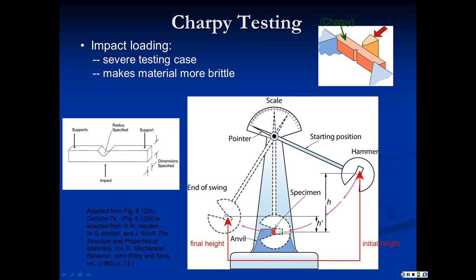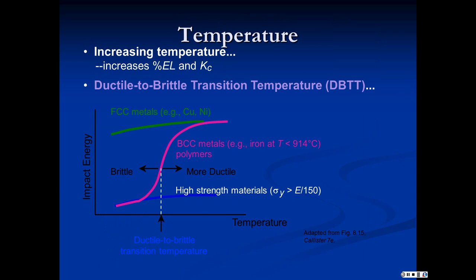It breaks the specimen, absorbs a lot of that energy, and so on the upswing it doesn't swing as high. This is the final height, and so this is the energy that's left in the pendulum, mgh on this side. So the difference in height times mg gives us the energy of fracture for the specimen. So a very elegant little test, and it's been around for a very long time.